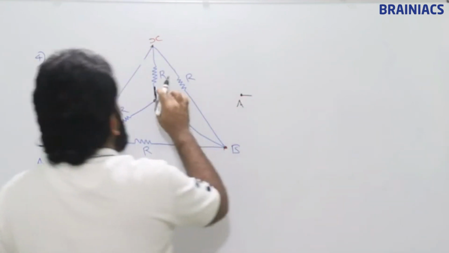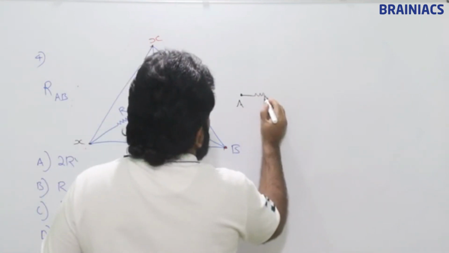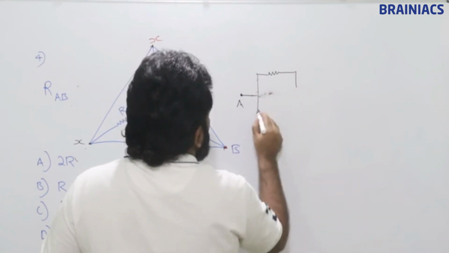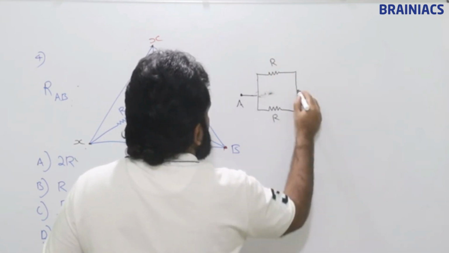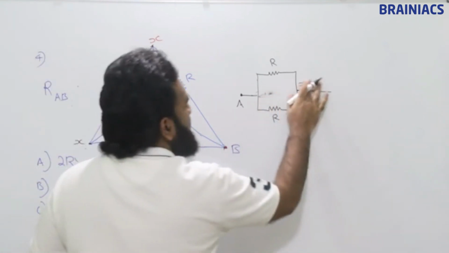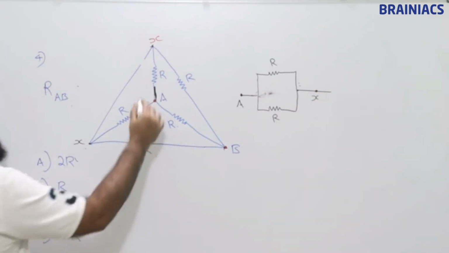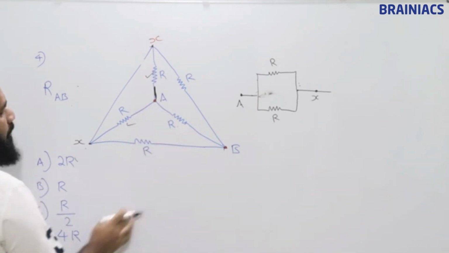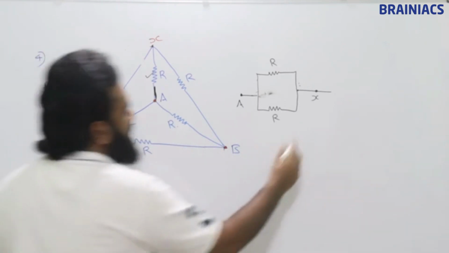Okay, from A, one is going to X, another is also going to X. So one resistance R, this node is X. Okay, this node is X. Okay, so number 1 is done, number 2 is done. Now between A and B, one resistance is going, and between X and B also another resistance is going.